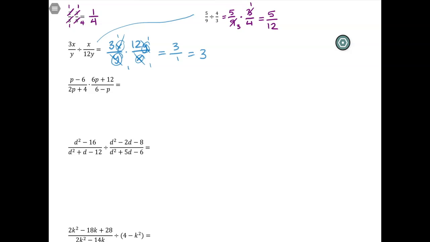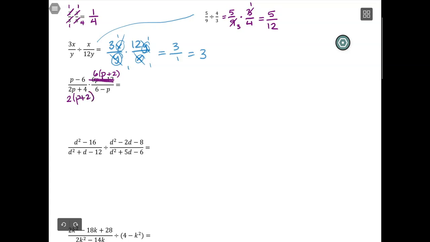So I'm going to do my best to make some factors that I can try and play with. I can factor a 6 out of the top of this fraction. And on the bottom, so this is like when you look at factors of numbers, you say 6 is 2 times 3. You could do that here as well if you want. So here, I think I see the same thing happening.